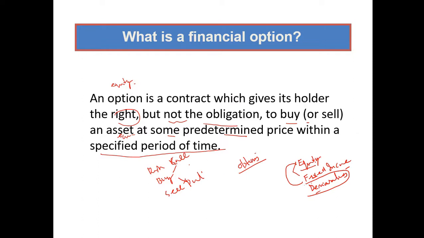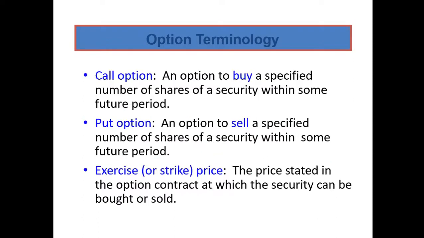There are certain terminologies with options. Let us go through them. A call option gives the right to buy a specified number of shares within a certain period of time. A put option is an option to sell a specified number of shares within a certain future period. Then there is the specified number of shares and the price. For example, 50 shares: you buy a call option on XYZ company at 100 rupees.